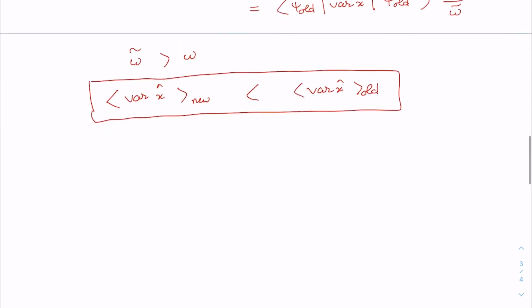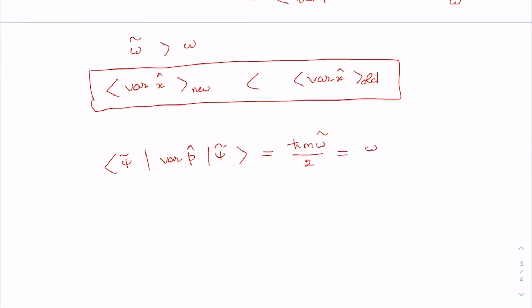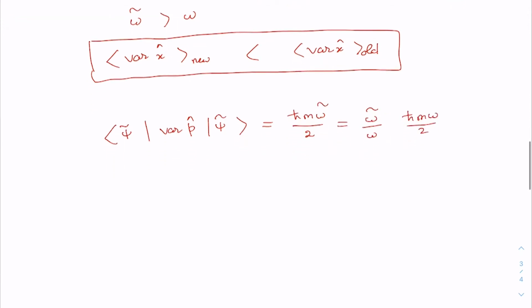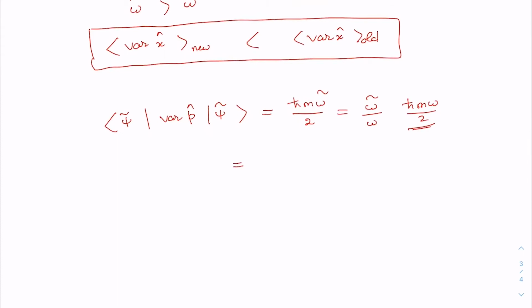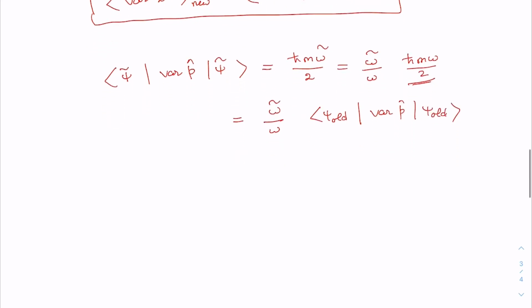On the other hand, if you look at the variance of the momentum operator for the new harmonic oscillator, you can simply write it as h cross m omega tilde by 2, because we are in the ground state. Further, I can express it as omega tilde by omega times h cross m omega by 2, and this is nothing but the variance of momentum for the old harmonic oscillator, multiplied by omega tilde by omega.